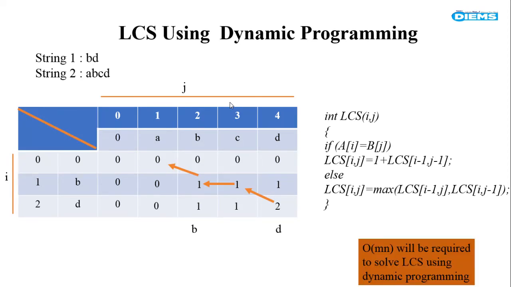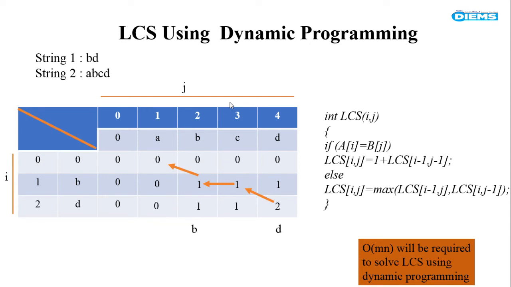But here, the time required is big O of m times n. Here m is the number of characters in the first string and n is the number of characters in the second string. If we see how we construct the table, we are just constructing it for the number of characters in string 1 and the number of characters in string 2. So big O of mn will be the required time for solving the LCS using dynamic programming.